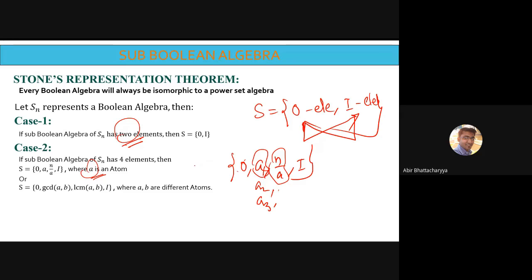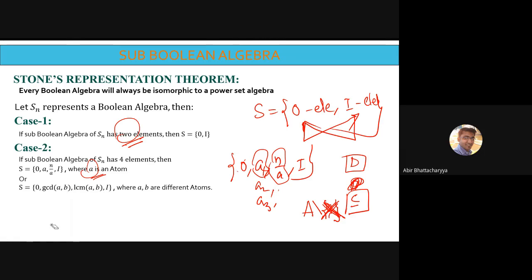Because I have used divides as the relation. If the relation has been changed, suppose I change the relation to subset, then it becomes the set minus that atom, whatever x. Depending on the subset, we will choose the complement element of that atom.